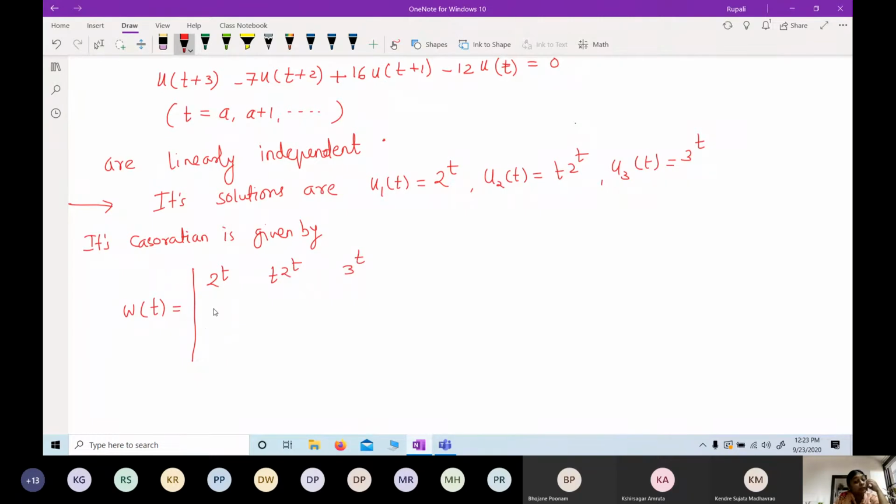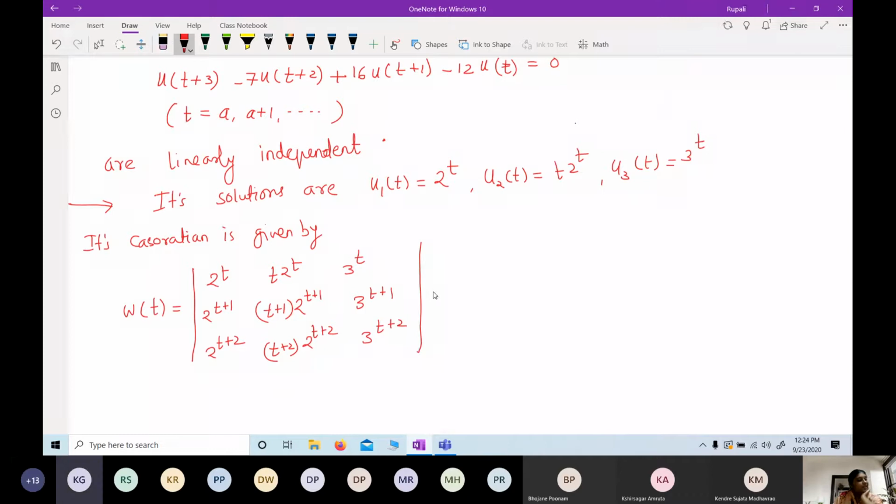The next row is 2 raised to t plus 1, (t plus 1) times 2 raised to t plus 1, 3 raised to t plus 1. Then 2 raised to t plus 2, (t plus 2) times 2 raised to t plus 2, and 3 raised to t plus 2.